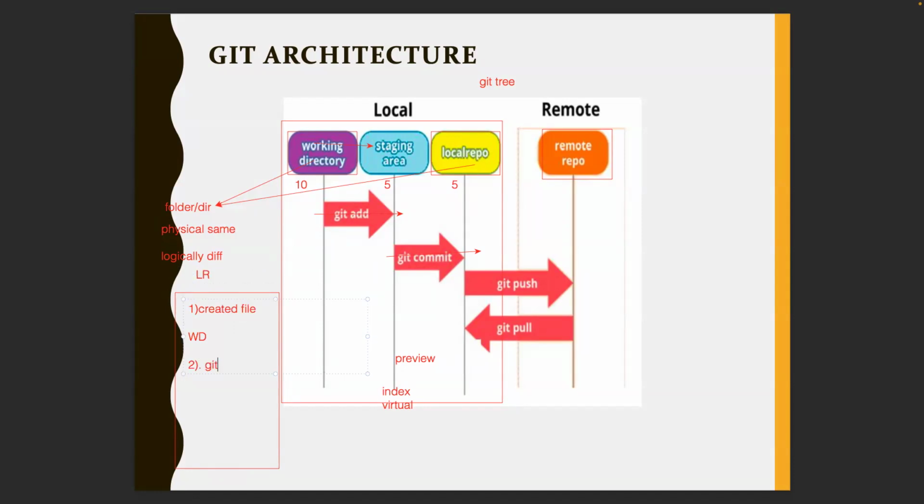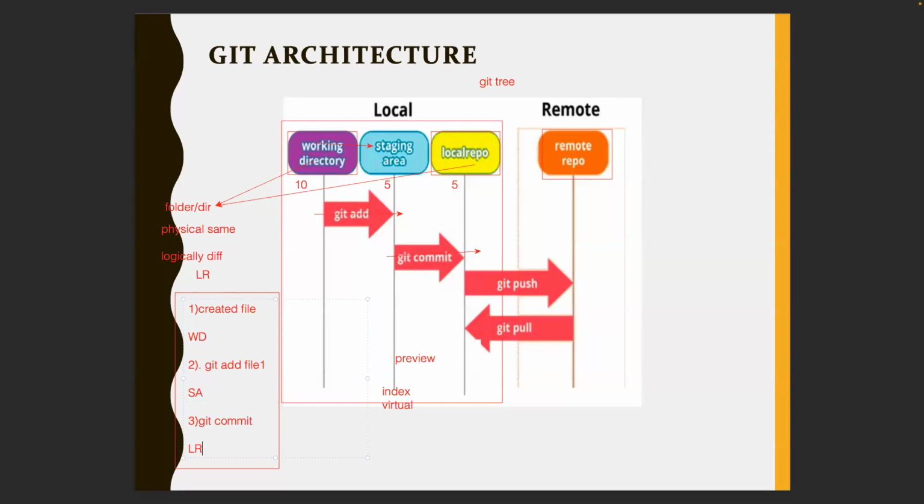And then if you run this command on this file, it is said to be moved to the staging area. Then if you run this command, it is said to be actually in the local repository.